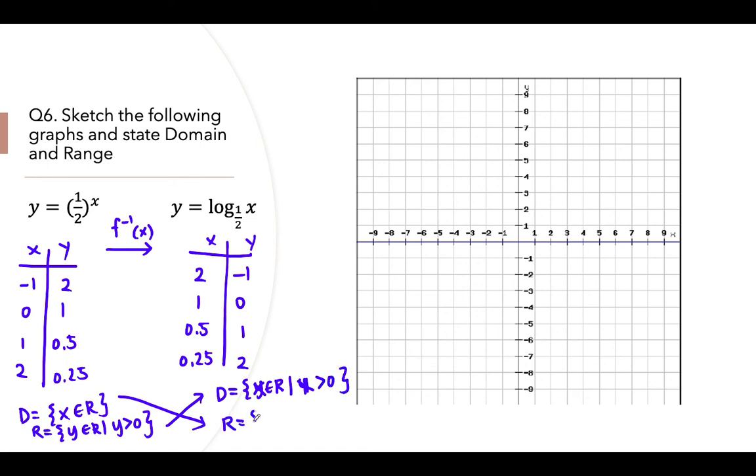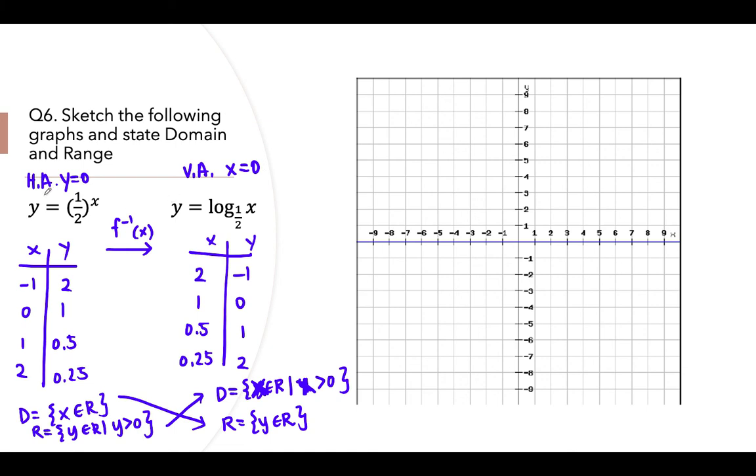And range is y can be any real number. I forgot to switch the sign. So this is x. Okay. Another thing, for exponential, we have a horizontal asymptote at y is equal to 0. But on the other hand, for logarithm, we're going to have a vertical asymptote at x is equal to 0. It's the same number.